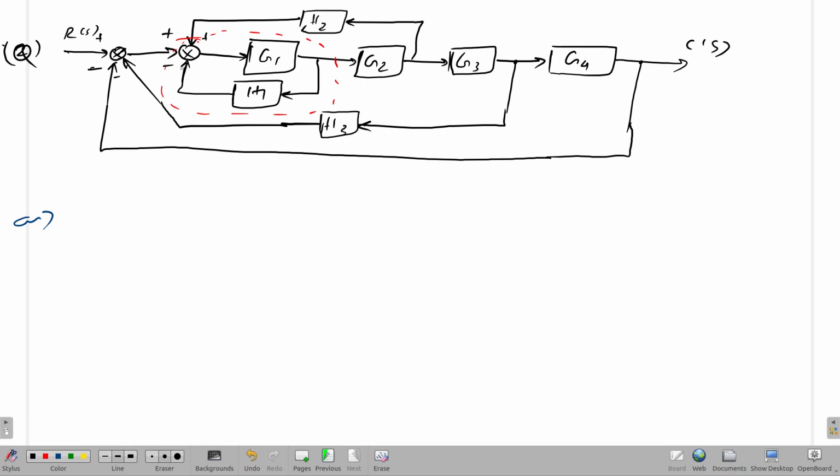So before that, you have to split this summing point, just for the primary stage, because you are getting used to it. I'll just show how you split it.